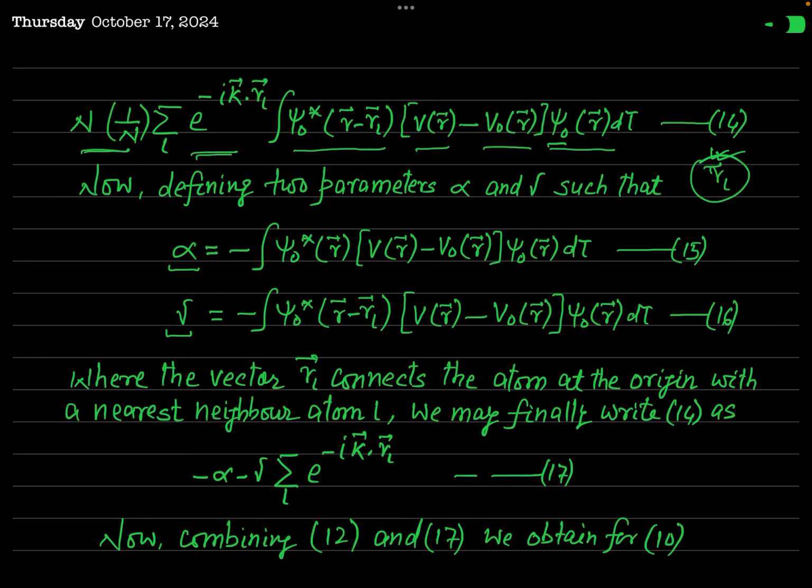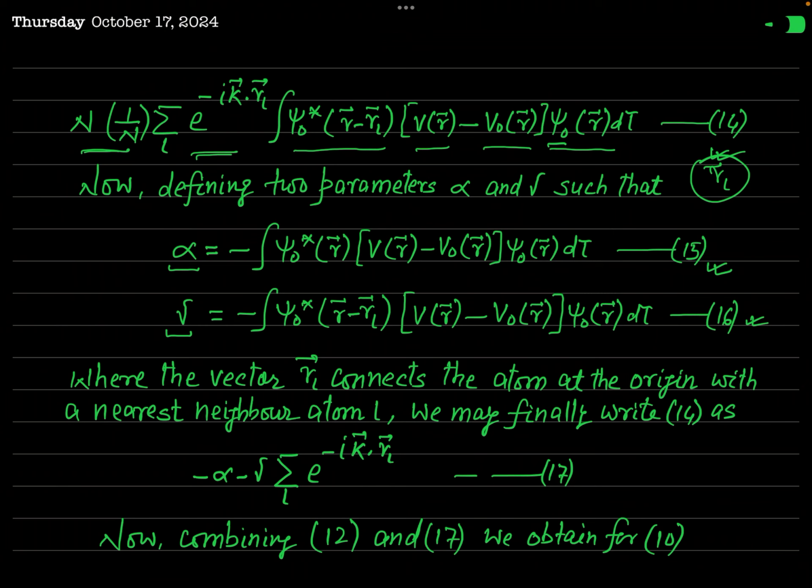Let us see how these two parameters are defined. Equation 15 is the definition of alpha and 16 is the definition of gamma, so you must remember them.